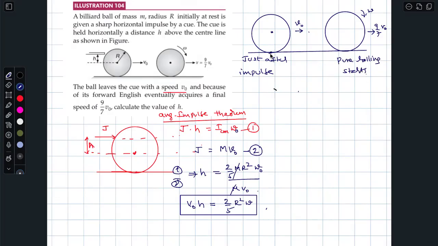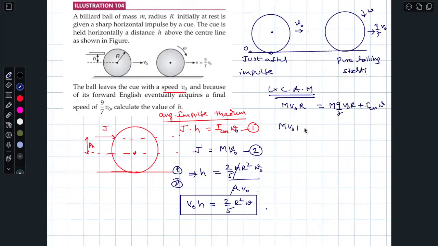So now I can apply the law of conservation of angular momentum about a point attached to O. Yes or no? Initially, it is simply m v naught r. Finally, it is about this point m 9 by 7 v naught r plus ICM omega.